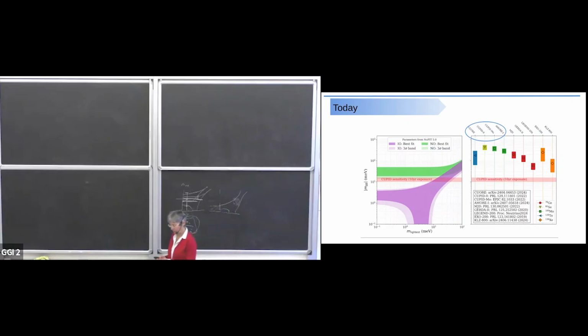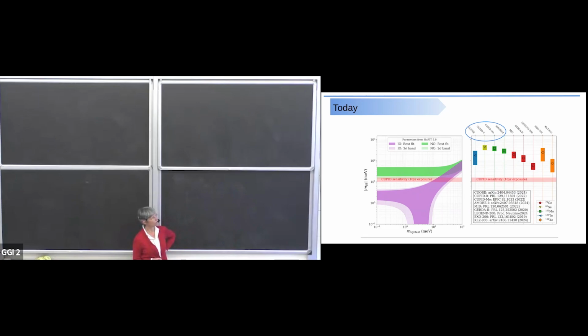Okay, so today I will discuss bolometric experiments for double beta decay, and this is a picture that illustrates the results obtained with the more sensitive experiments that are operating or have been operated in the recent past in this field.